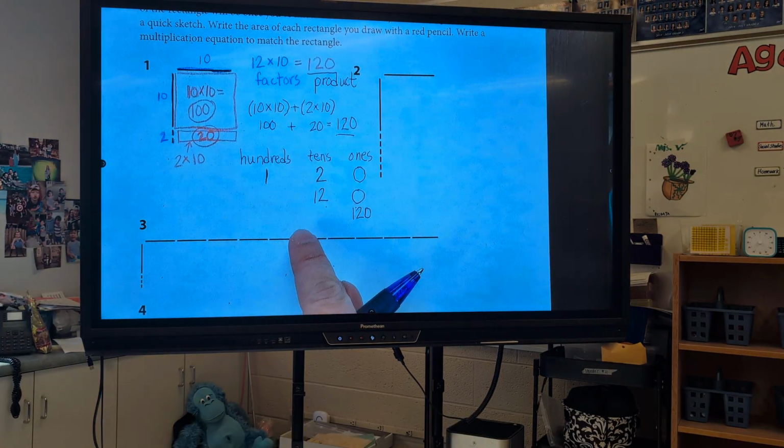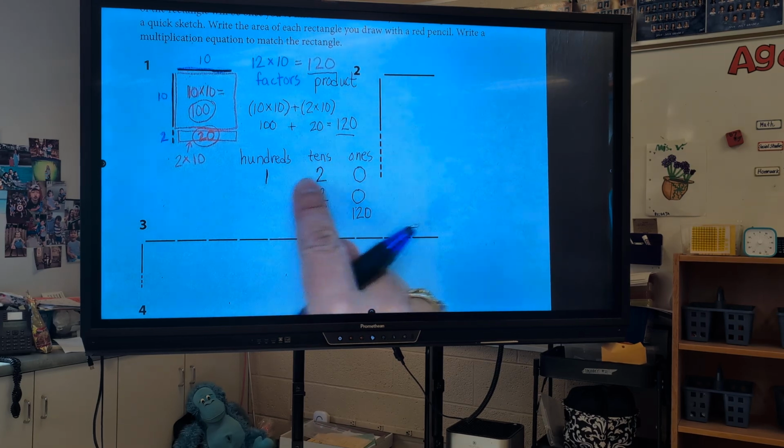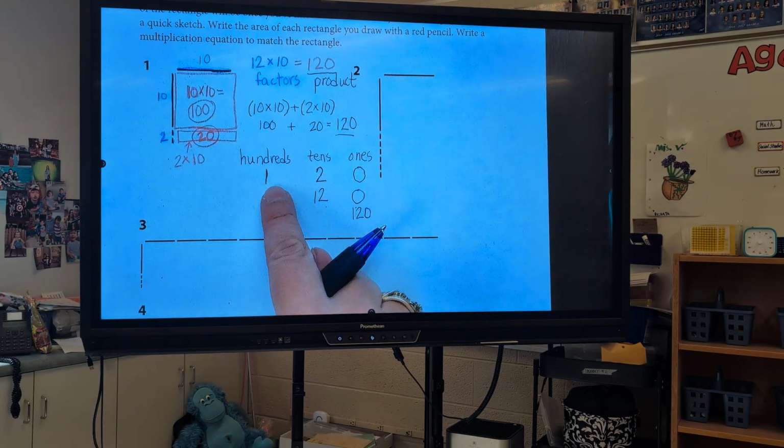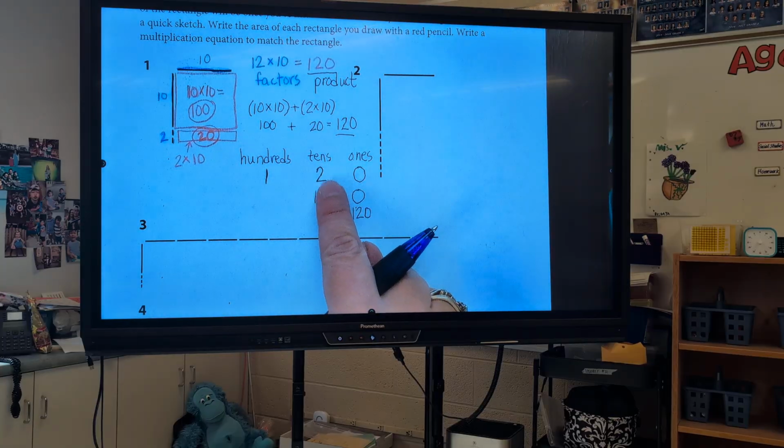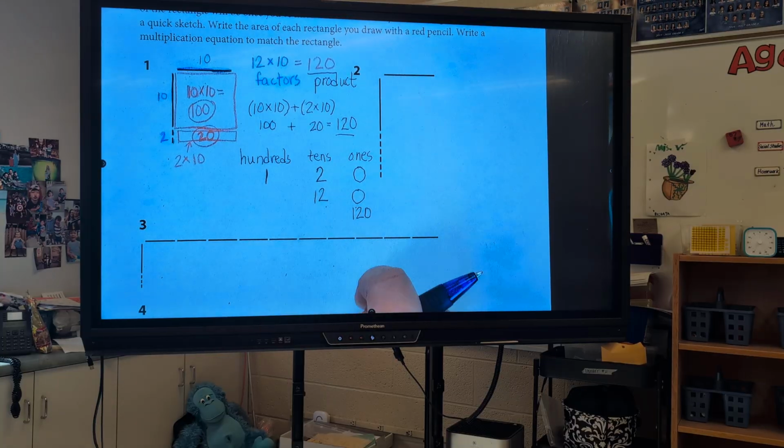So this is just three different ways to say the same number. 120 can be 100 and 2 tens, or it could be 12 tens, or it could be 120 ones.